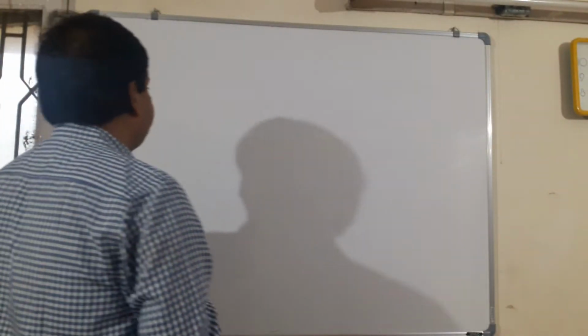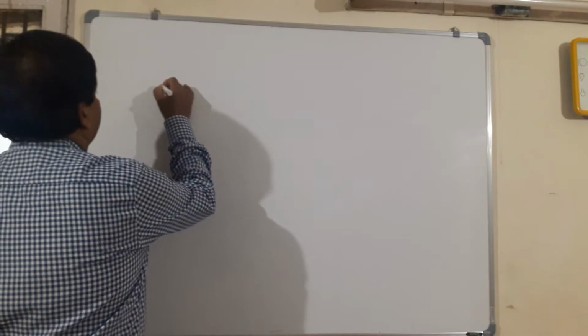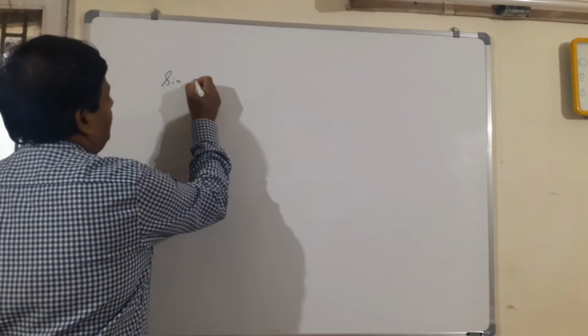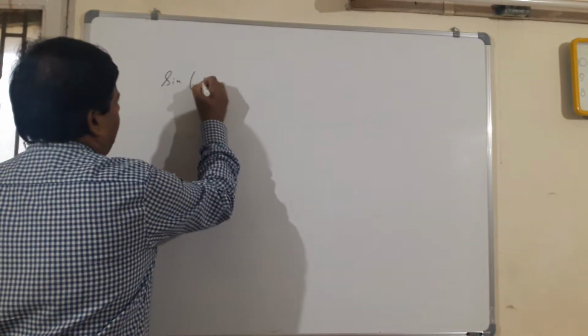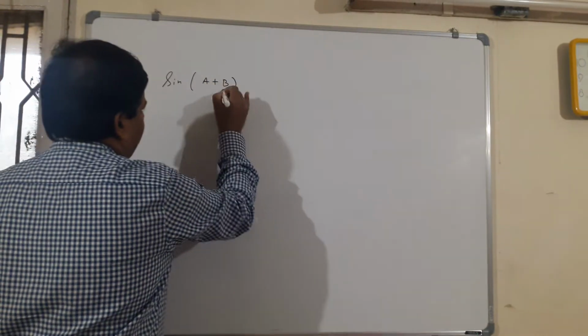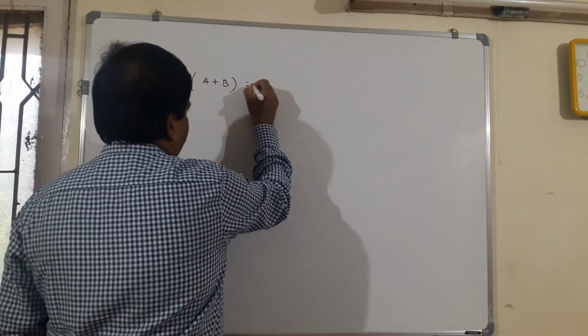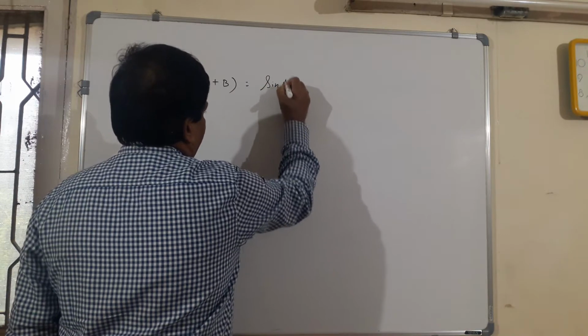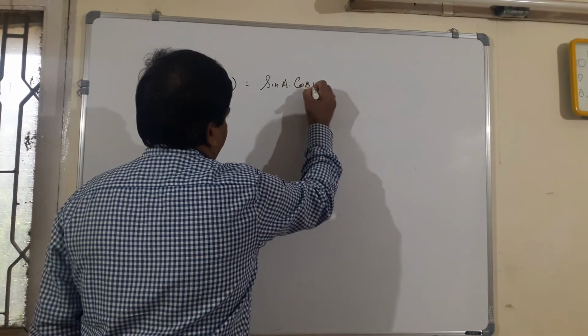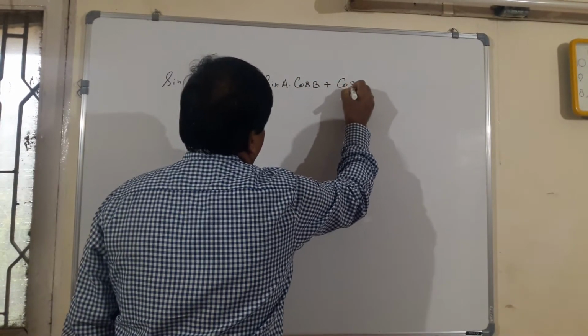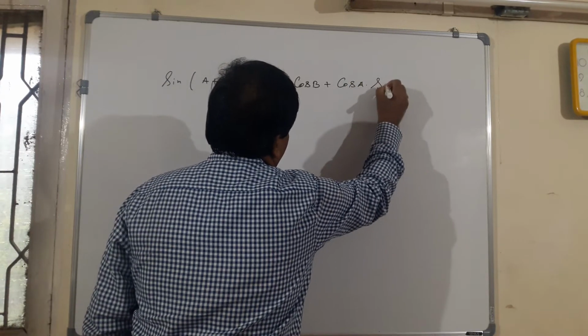So see here, sin(a plus b). You know that sin(a plus b) is equal to sin a into cos b plus cos a into sin b.